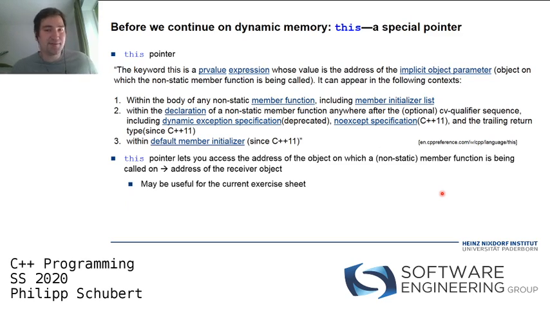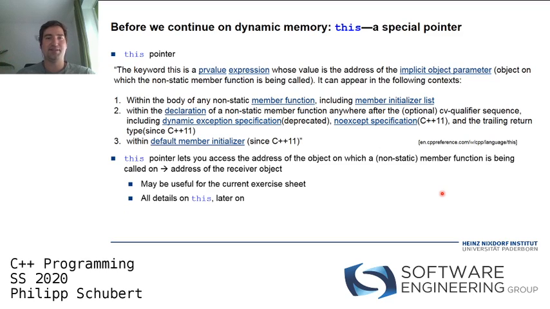That might be useful for the current exercise sheet. If I recall correctly, for one or for both of the assignment operators, so copy and move assignment, which you need to implement this time, you need the this pointer, or you may wish to use it.